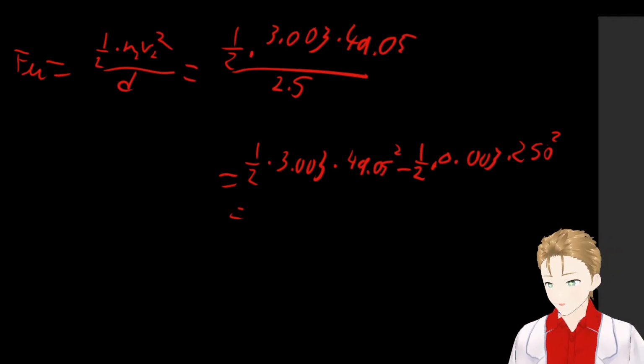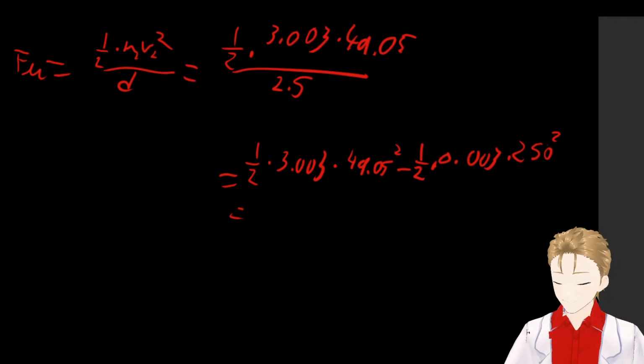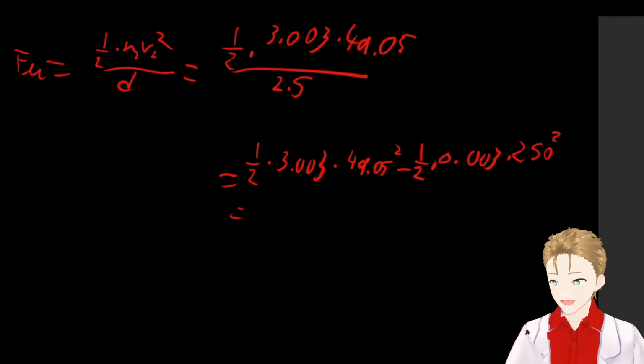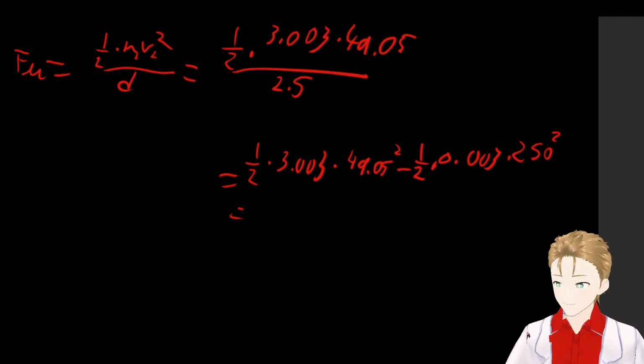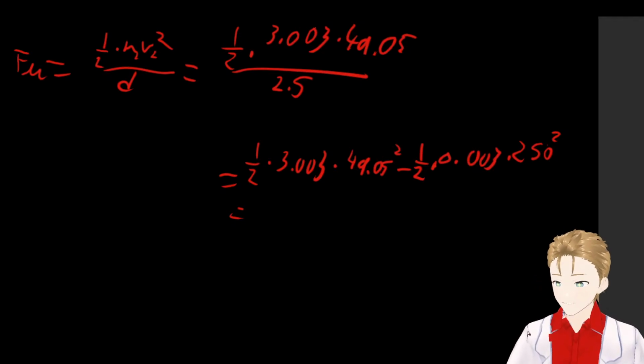Possibly be worse somehow. That's what we like to believe, but things you do turn out weird. 0.03 times 50 squared.